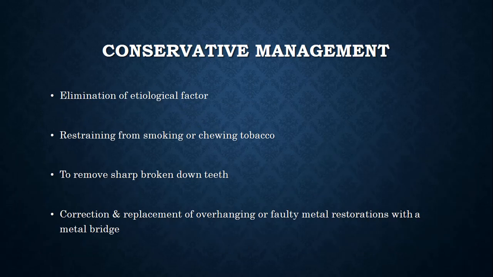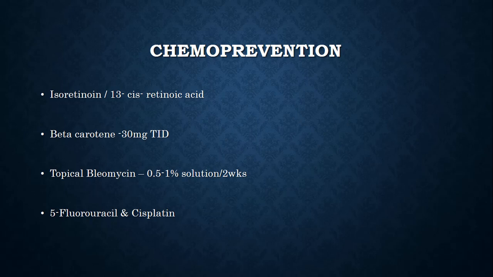The management includes either conservative management, that includes elimination of etiological factors, restraining from smoking or chewing tobacco, removal of sharp broken down teeth, and correction and replacement of overhanging or faulty metal restorations, while in chemoprevention, isotretinoin, beta-carotene, topical bleomycin or 5-fluorouracil along with cisplatin can be used.